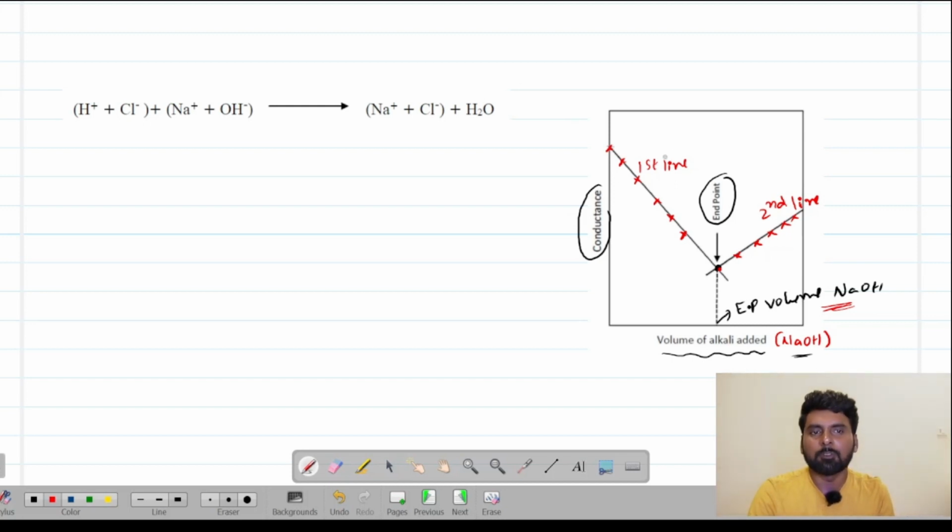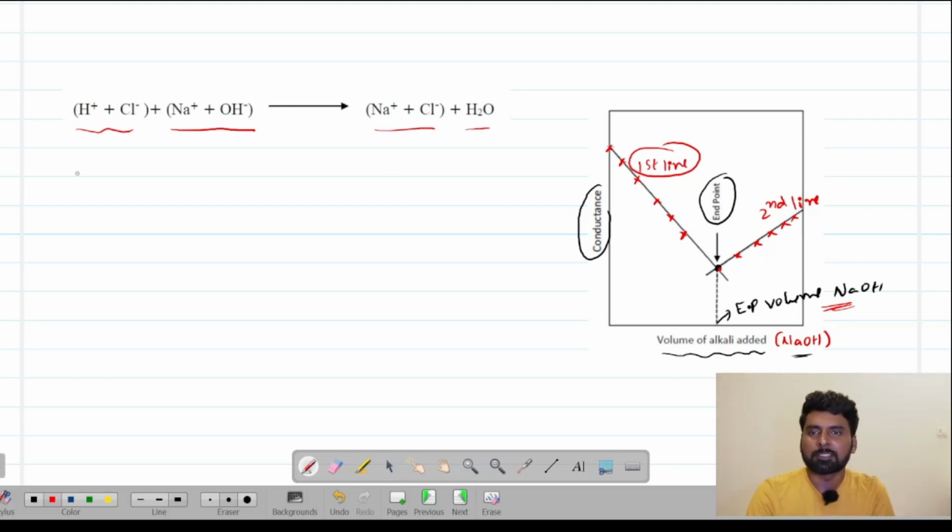Now we must know why in the first line conductance is decreasing. To understand this, let us look into this equation. Inside the beaker, initially only HCl is there. But once you start adding NaOH from the burette, some of the HCl starts reacting with NaOH to form NaCl and H2O.